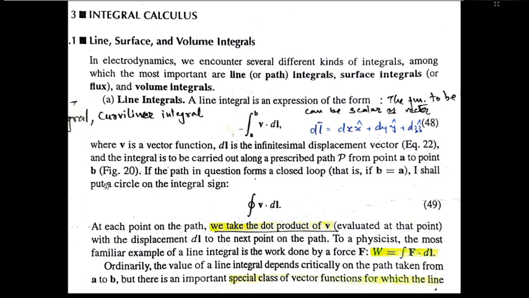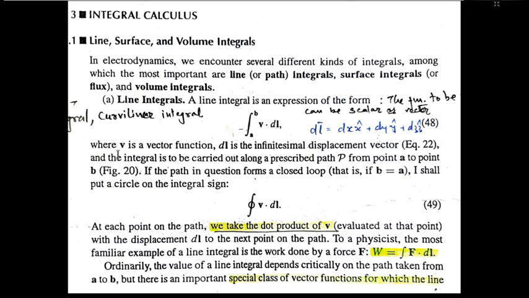It will be written as shown over here: integration sign with limits from a to b, v dot dl. dl is an infinitesimal displacement, written as dl vector = dx x cap + dy y cap + dz z cap. Vector v will again be in vector form.